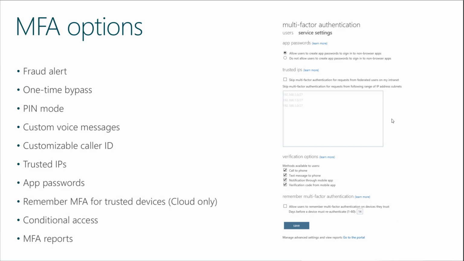Once you've configured multi-factor authentication, there are a few options that you can view, and here are some examples of these options. You have, for example, something called one-time bypass, which allows a user to bypass multi-factor maybe for the purpose of troubleshooting. You have options for trusted IPs, locations where multi-factor is not required, and you also have the option for remembering it for certain devices, so that if you're on a particular device, maybe a particular tablet or phone or computer, then once you've authenticated once, they can remember that setting so you don't have to use multi-factor every single time.